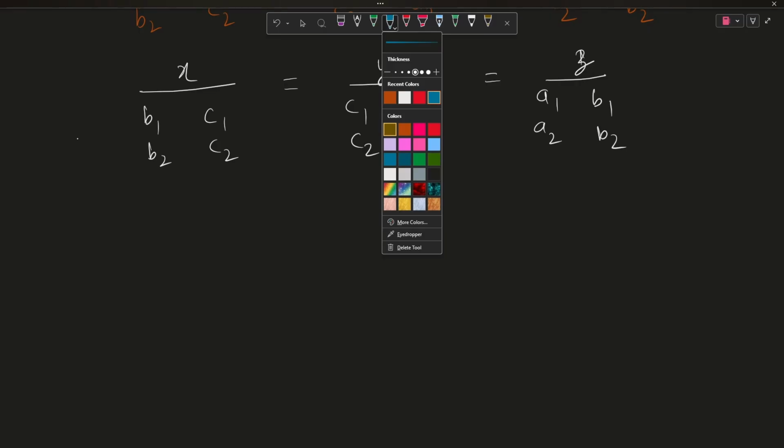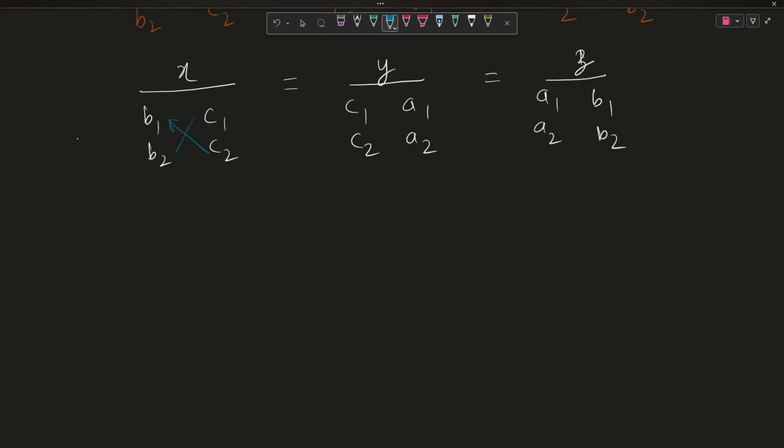As the name suggests, let's multiply these values with each other diagonally. So what you will get is x upon b1 c2 minus b2 c1, the similar way as we have done in the two variable problem, y upon c1 a2 minus c2 a1, is equal to z upon a1 b2 minus a2 b1.